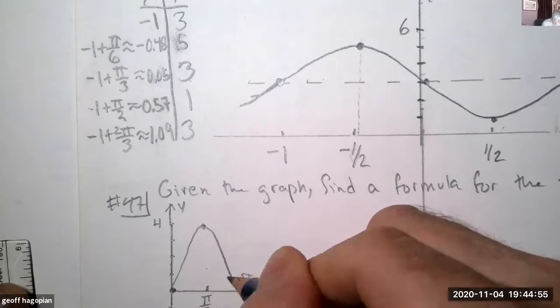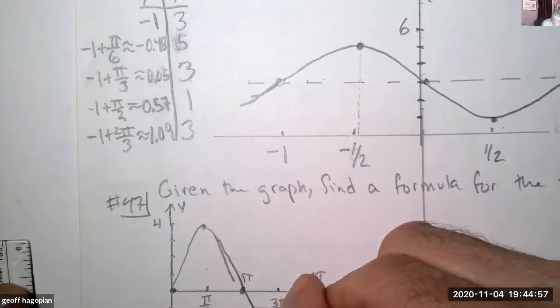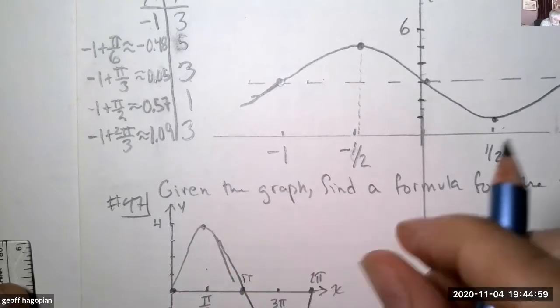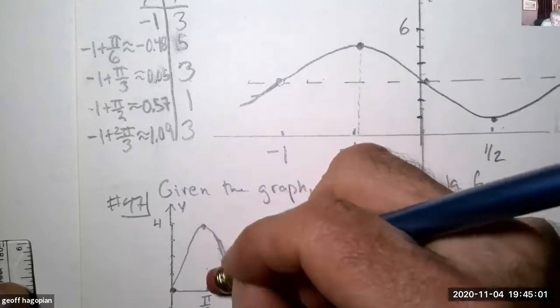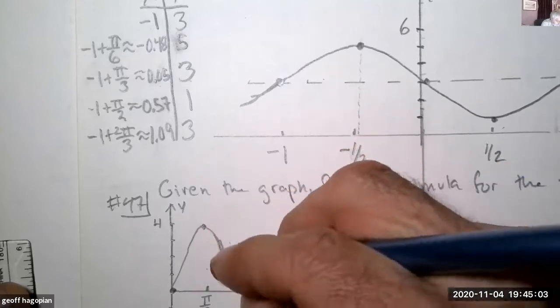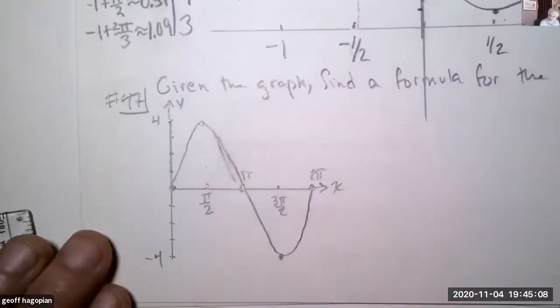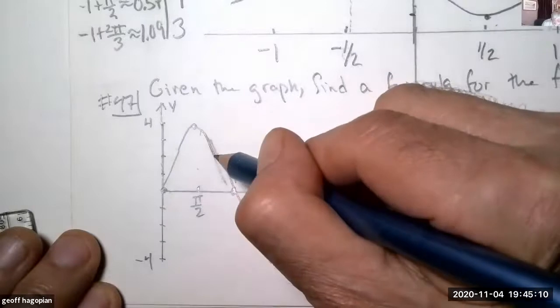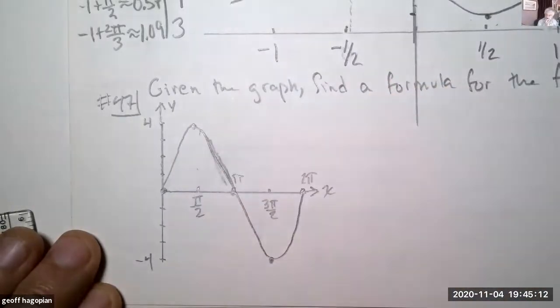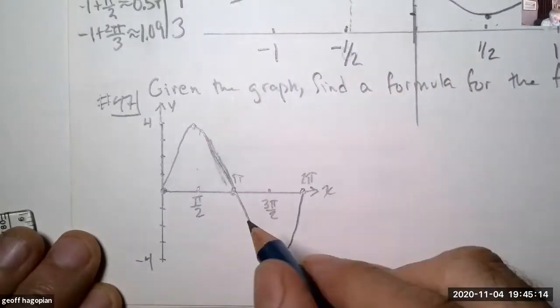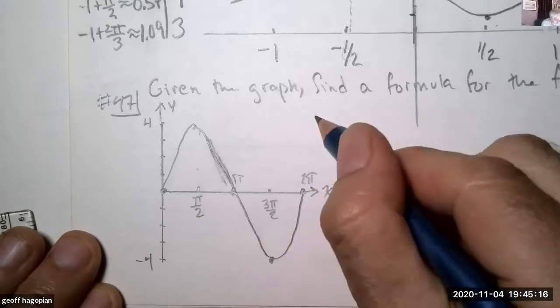So our trig function looks kind of like that. Never mind this errant bit. Whoops. Okay, so it's kind of like that. All right. So what's the amplitude?